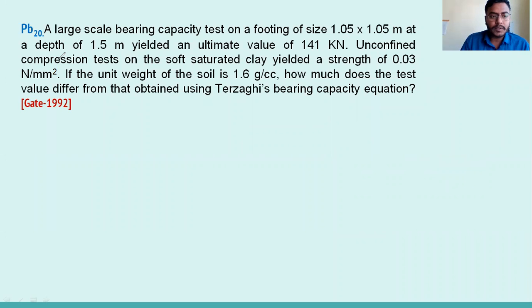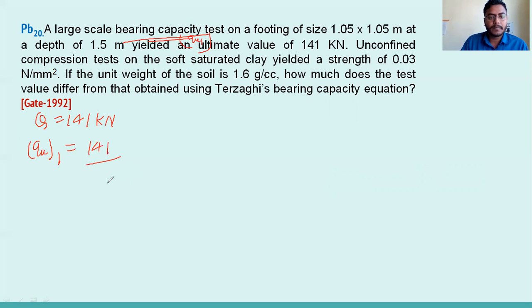Okay, so see, what is the load? The yielded value is Q, we have 141 kilonewton. So we can calculate the stress. I'm giving it the name qu1, the ultimate bearing capacity for the soil from this bearing capacity test. So 141 divided by the area.